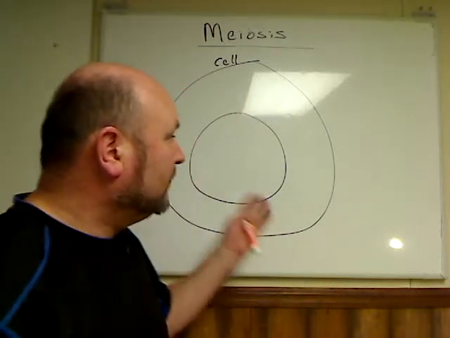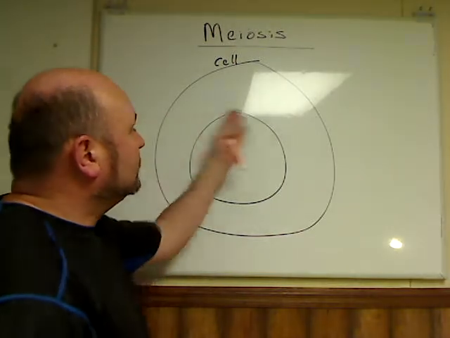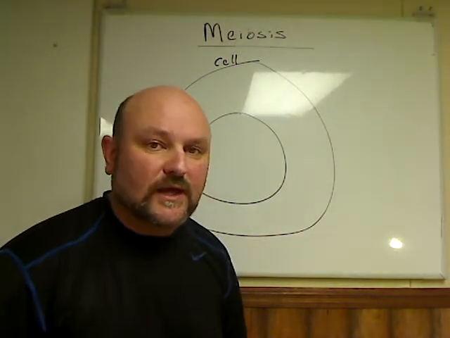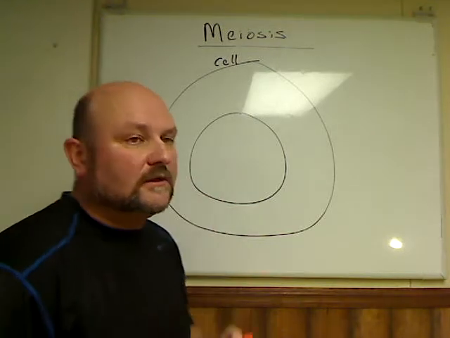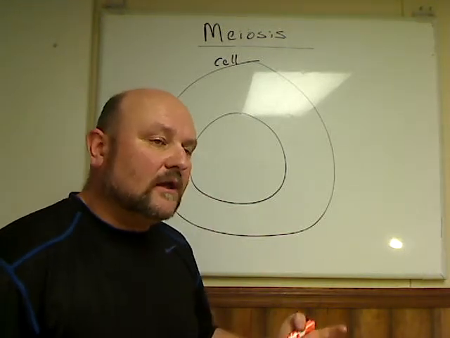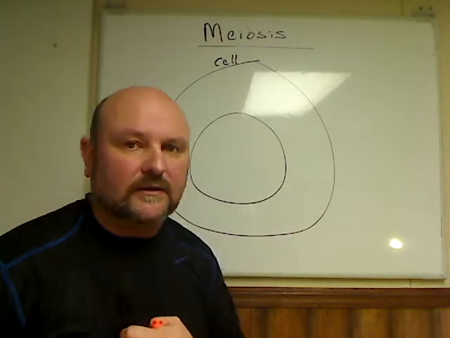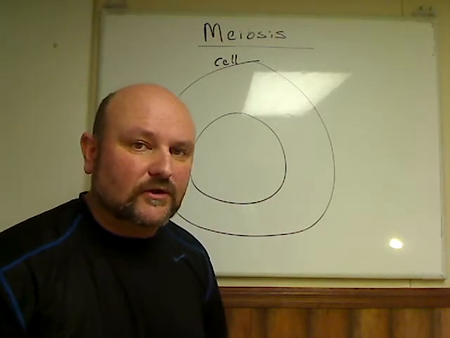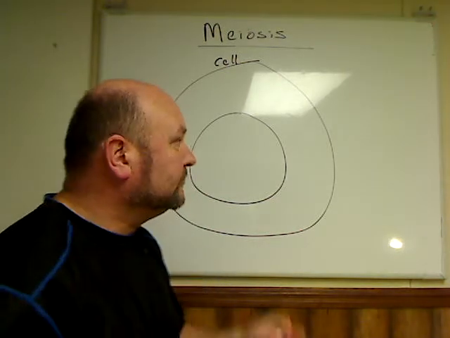So we have our basic cell, our germ cell, and we have our nucleus, just the same way as we had in mitosis. Now again, we're starting from chromatin, which is just the static-like appearance of the nucleus before the chromosomes become visible.